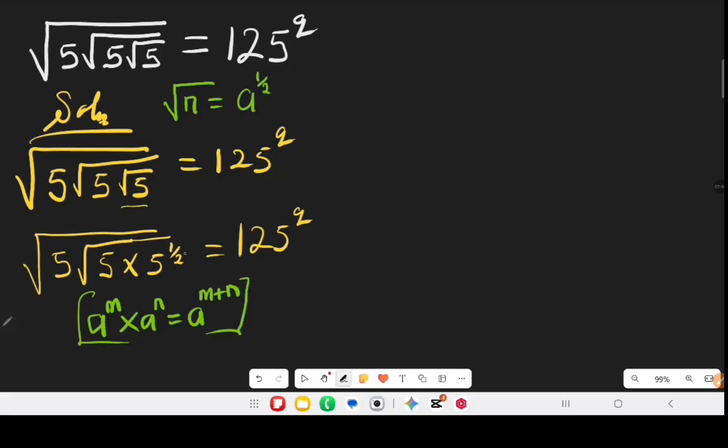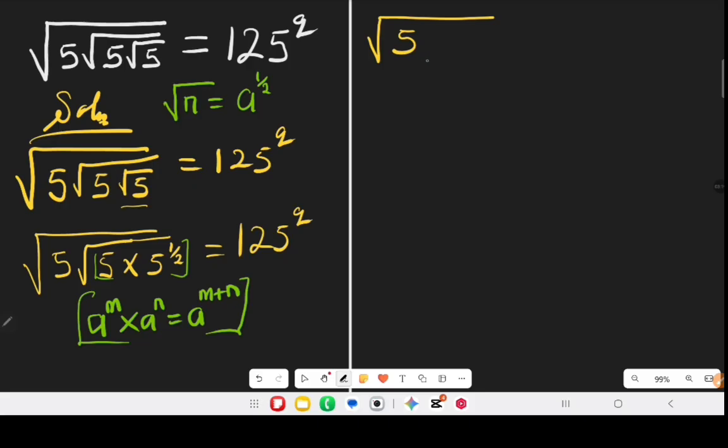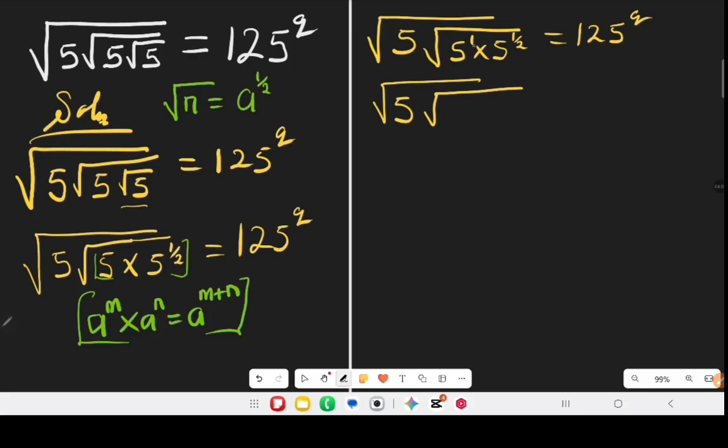If that is true, we are going to apply it here. When we apply that, we have root of 5 raised to the power of 1 times 5 raised to the power of half equals 125 raised to the power of q. When we add the powers, which is 1 plus 1 over 2, we are going to have root of 5 times 5 raised to the power of 3 over 2 equals 125 raised to the power of q.